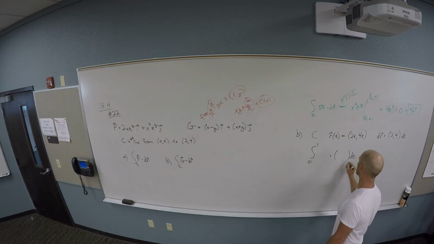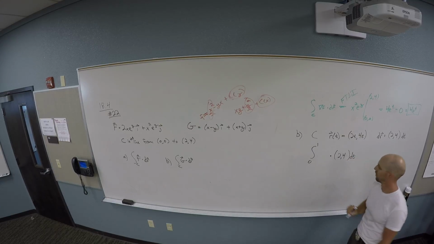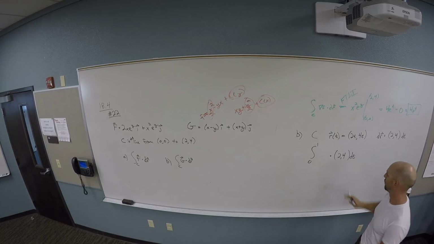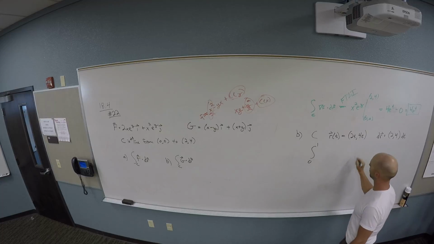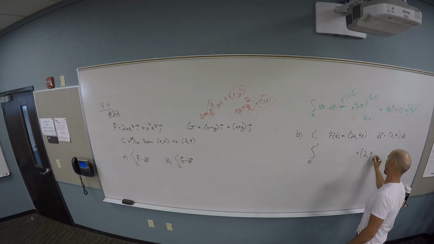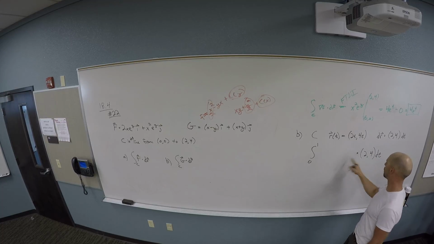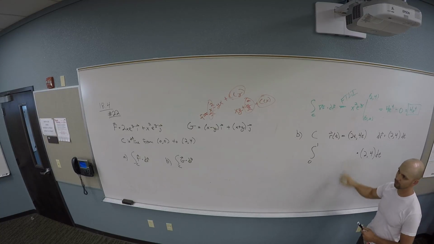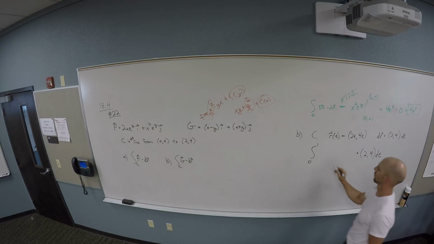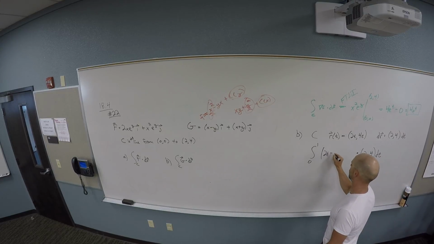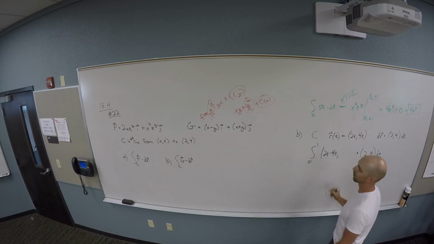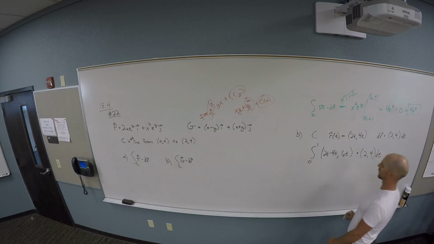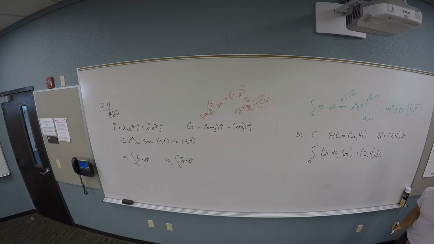I need to dot with dr, so I've got ⟨2, 4⟩ dt. Okay, so I've got something dotted with ⟨2, 4⟩ dt. What goes in the big blank spot? ⟨2t minus 4t, 2t plus 4t⟩. Then dot this.